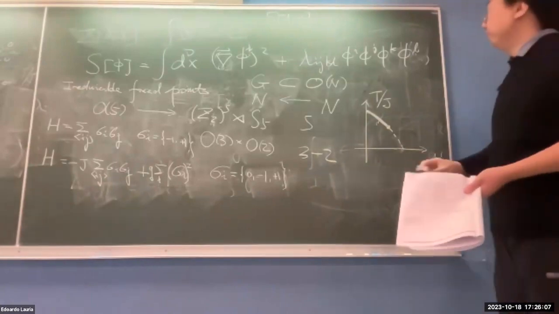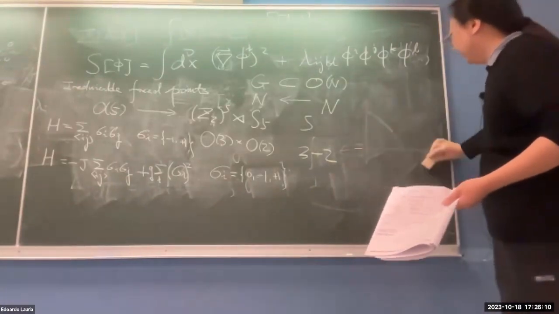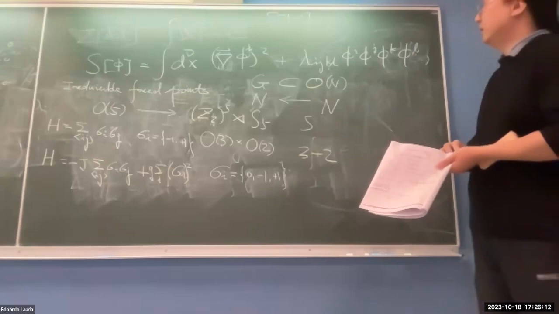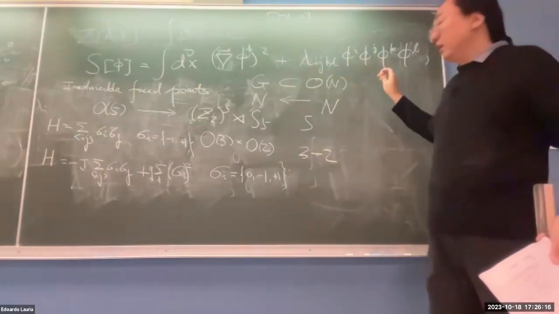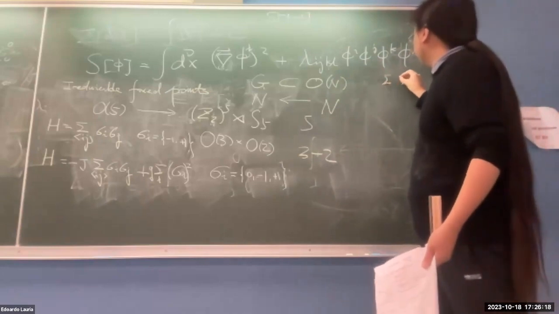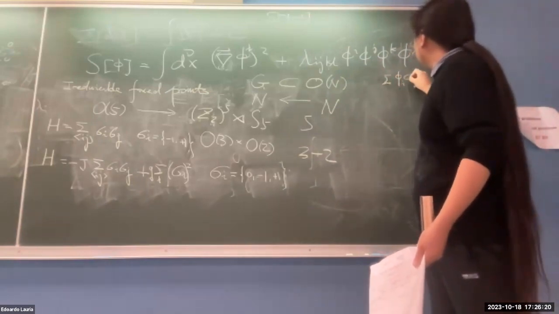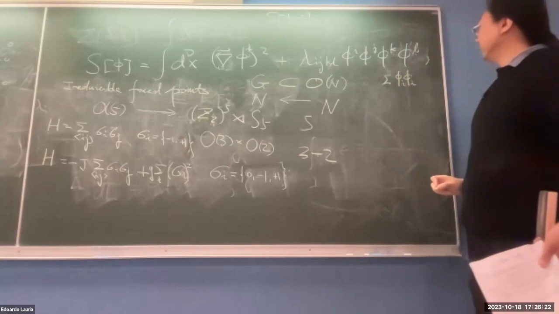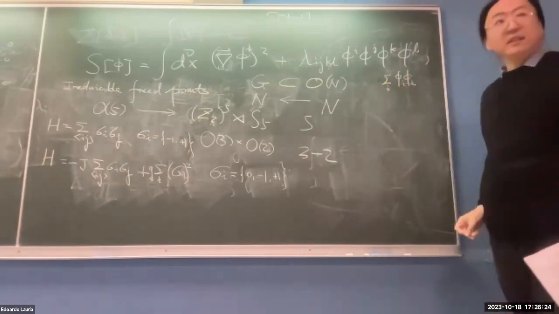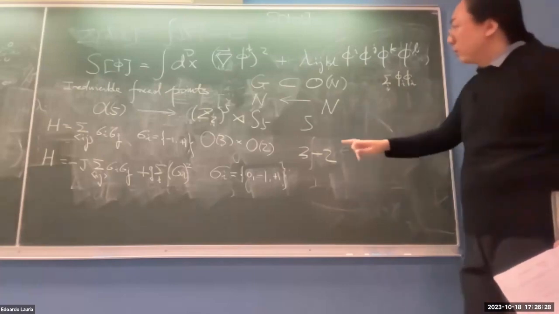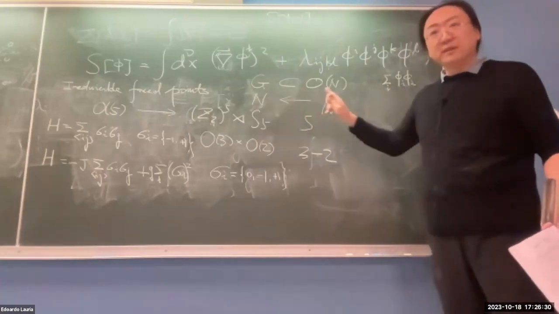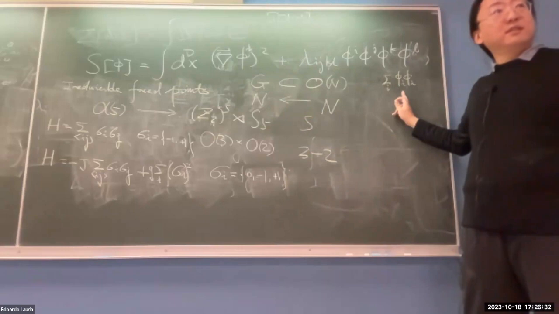Because of that, I can write down the relevant operators for this coupling. So basically, one of them is this, with summation over i, which I call the mass term. But if my group is irreducible, I can only write this one, right?